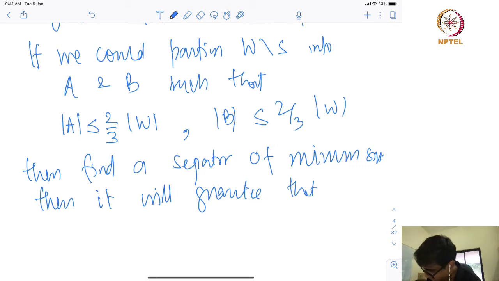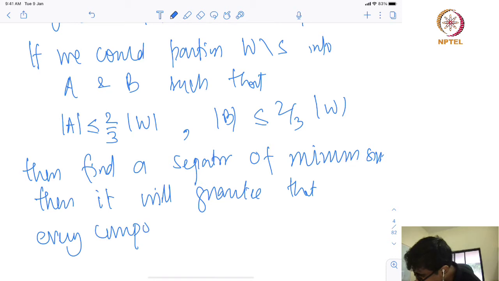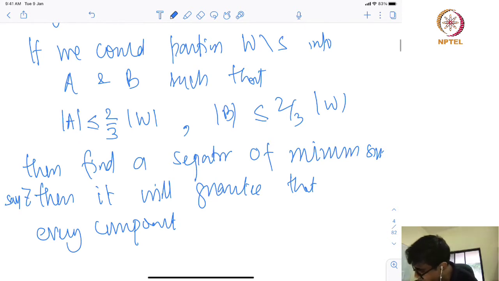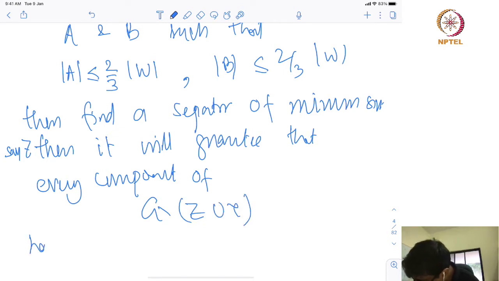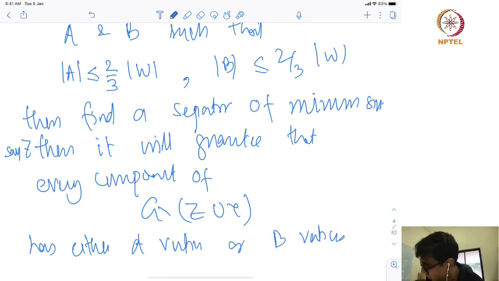then it will guarantee that every component of G minus Z union Y has either A vertices or B vertices, okay.